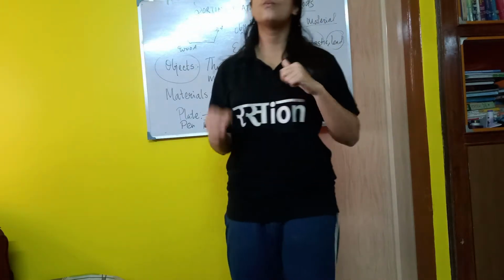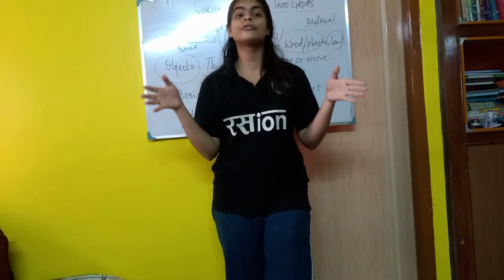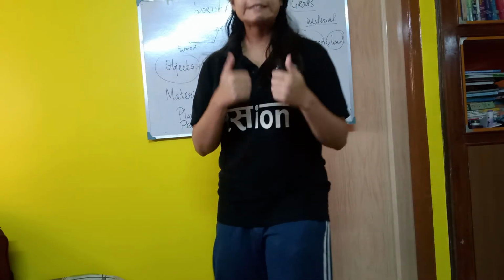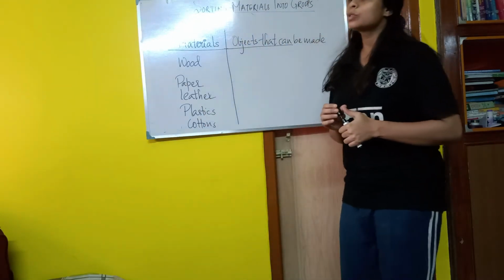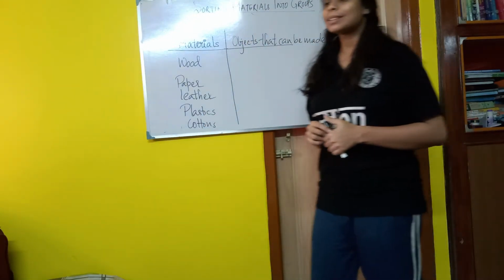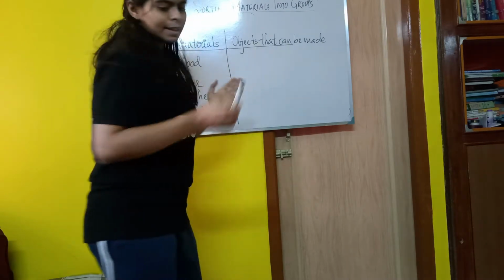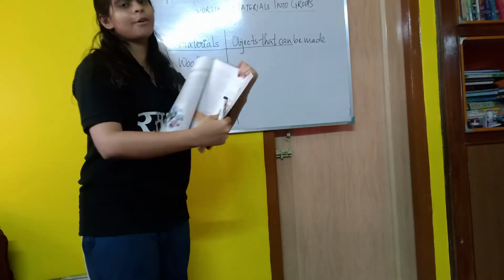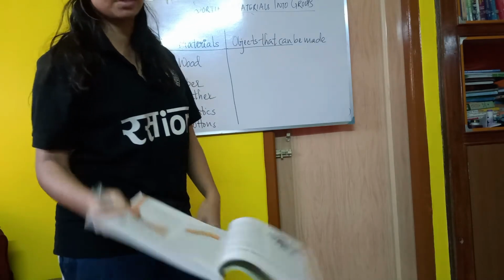From the same material we can make different types of objects, two or more objects. Let's see what we can make. Now tell me, what objects can we make from these materials?